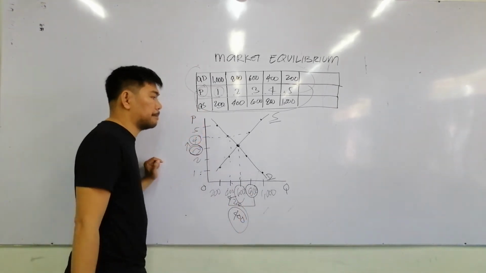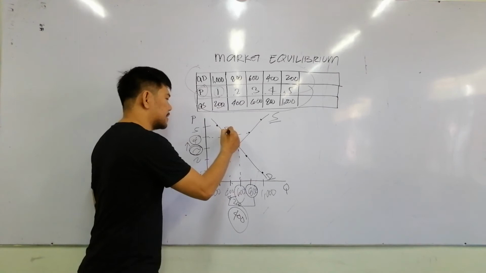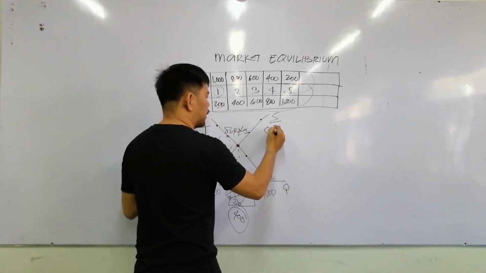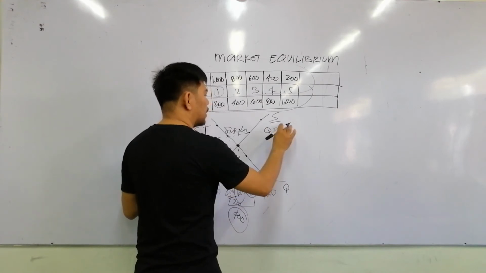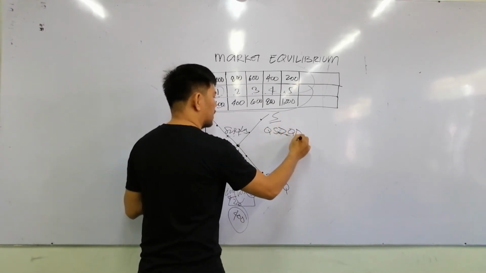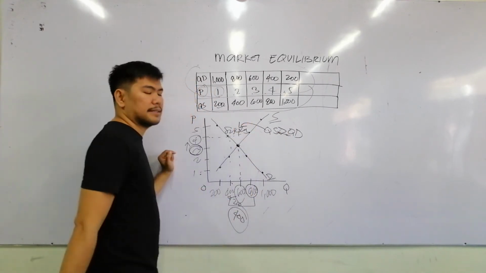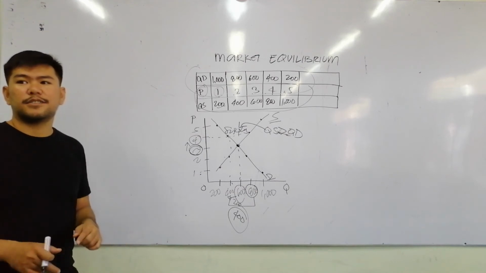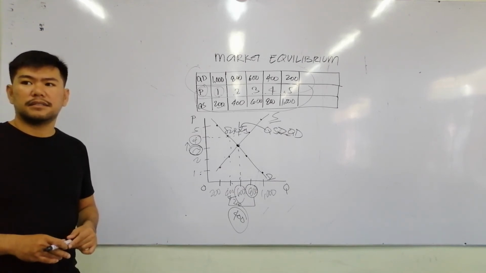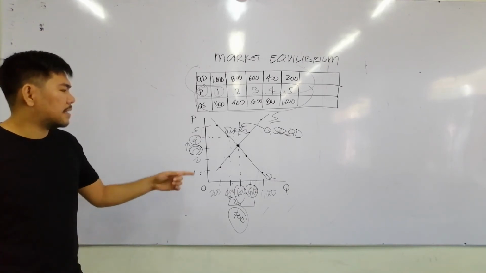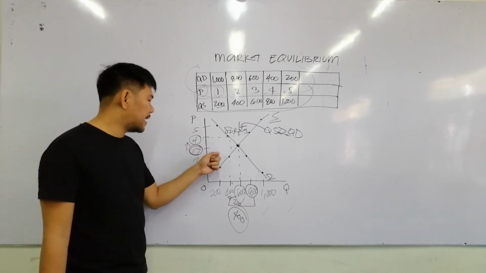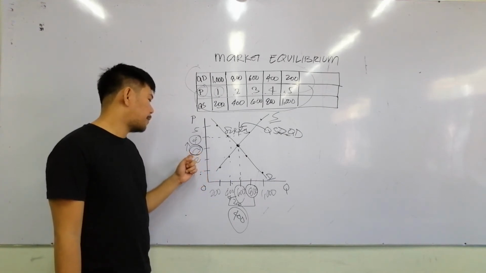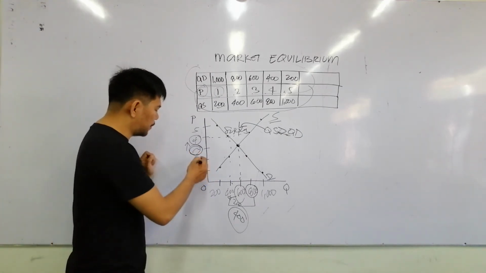What do you call this gap? Surplus. Yes. When QS is greater than QD, there will be a surplus. That's why surplus products are cheaper. Now what if the producers sell their products at a price lower than 3? Let's say 2.